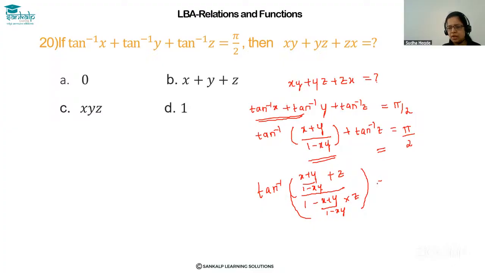So simplify this, take LCM and simplify. It is x plus y plus z into 1 minus xy whole divided by, so the denominator in the numerator and denominator both will be 1 minus xy, that cancels.